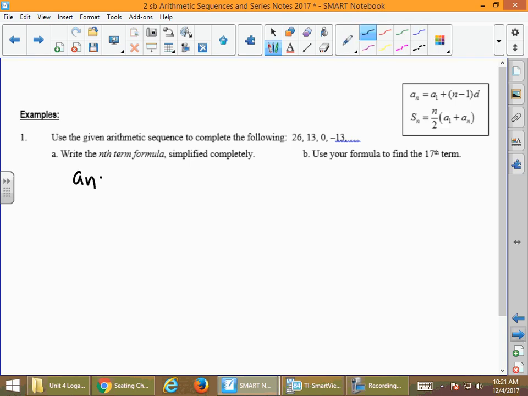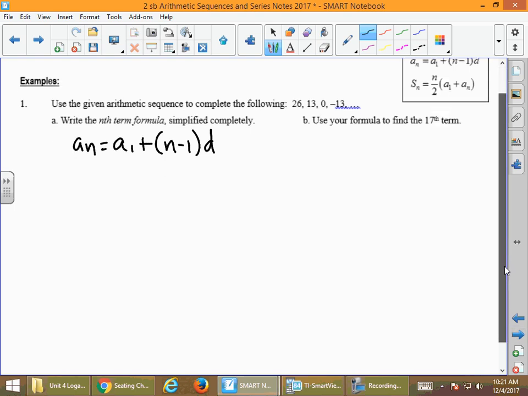A sub n equals a sub 1 plus n minus 1 times d. So let's list what we know here. Our first value, a sub 1, is the first number in our list of terms, which is 26.